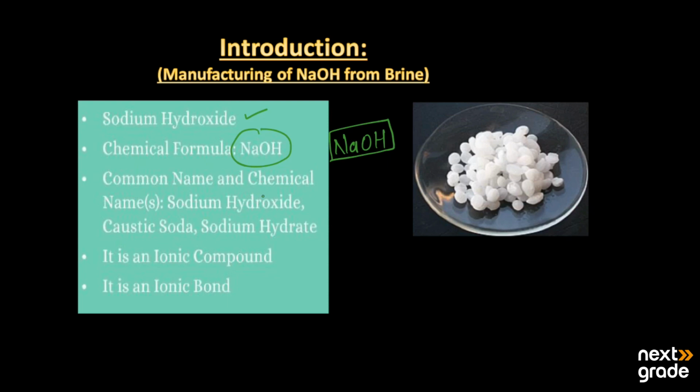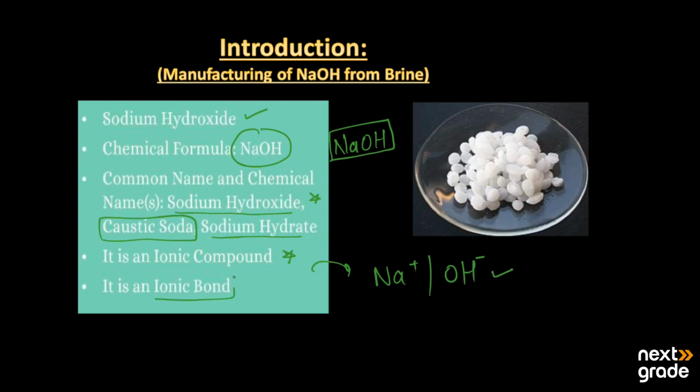Its chemical name is sodium hydroxide, and caustic soda is its common name. It is also called sodium hydrate, and it is an ionic compound. Ionic compound means that when we put it into water, or take its aqueous solution, it will dissociate into its ions, like sodium positive and hydroxide negative ion.